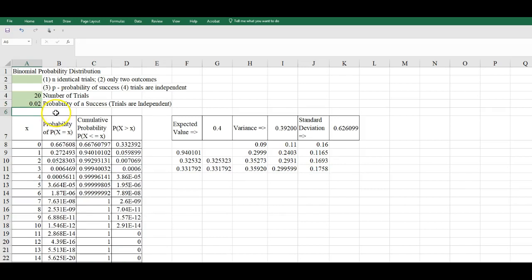Now, the probability of having exactly one defect out of a sample of 20, if the probability of a defect is 0.02, is 0.2725, which is the answer that the author considers to be the correct answer.